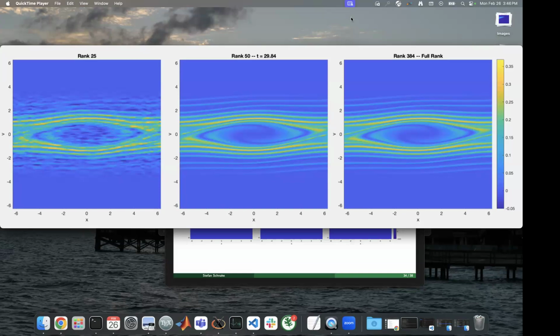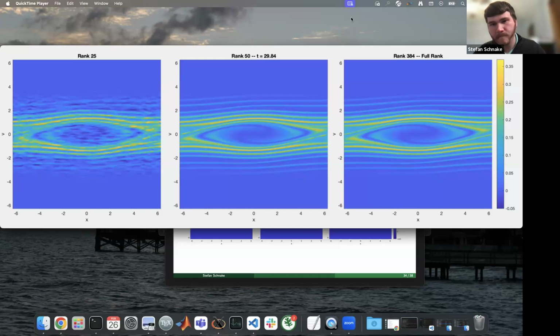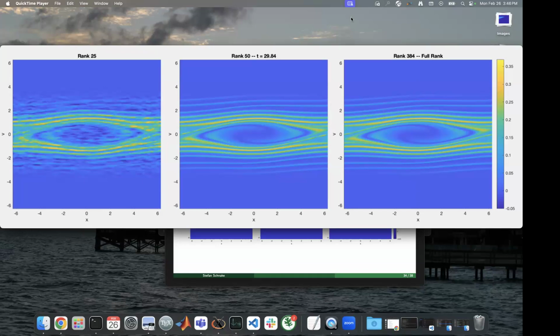Rank 50 is able to render, it is looking as good as 384. After what rank does adding more information not matter in this case? Is it representative of the system, or why is rank 50 looking closer to 384 and not rank 20? So it does depend on the system, right?